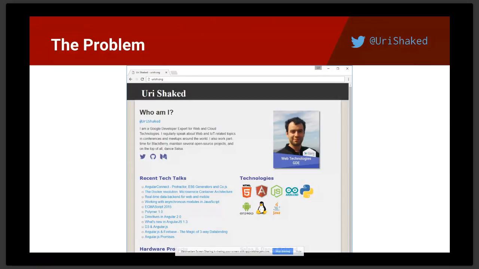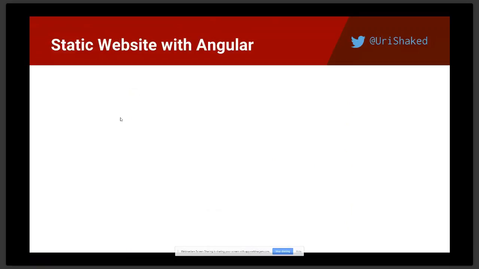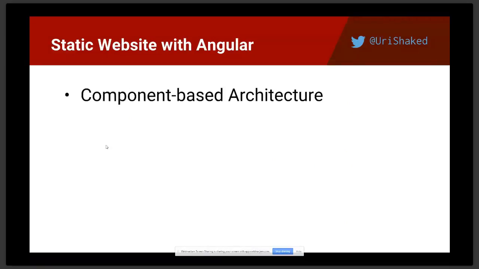So the first goal was I wanted my website to be based on components, just like I build Angular applications, so that each section of the website is actually a component, and I can recompose the structure of the website just by moving components around. And then I can also repeat components, like create a component for a single blog post and then repeat it for each of the blog posts that I have.